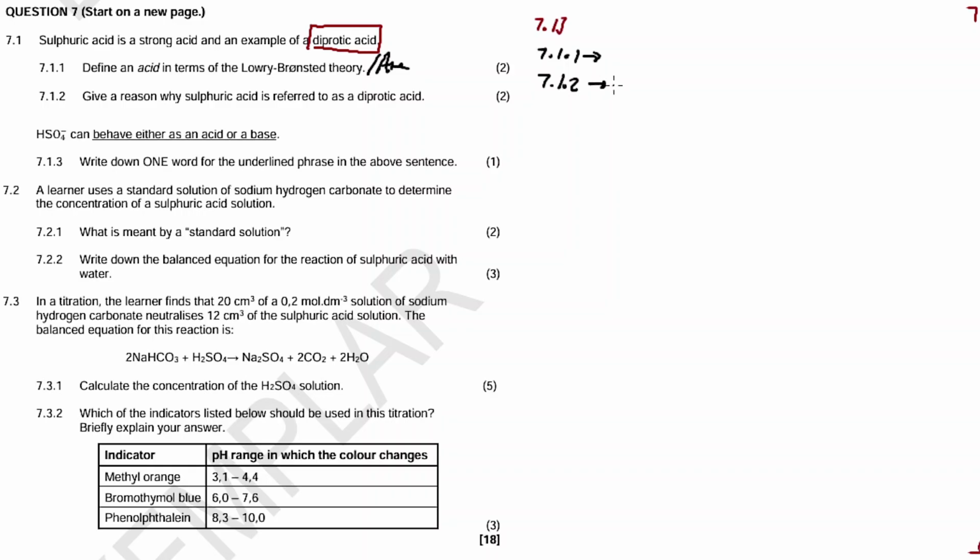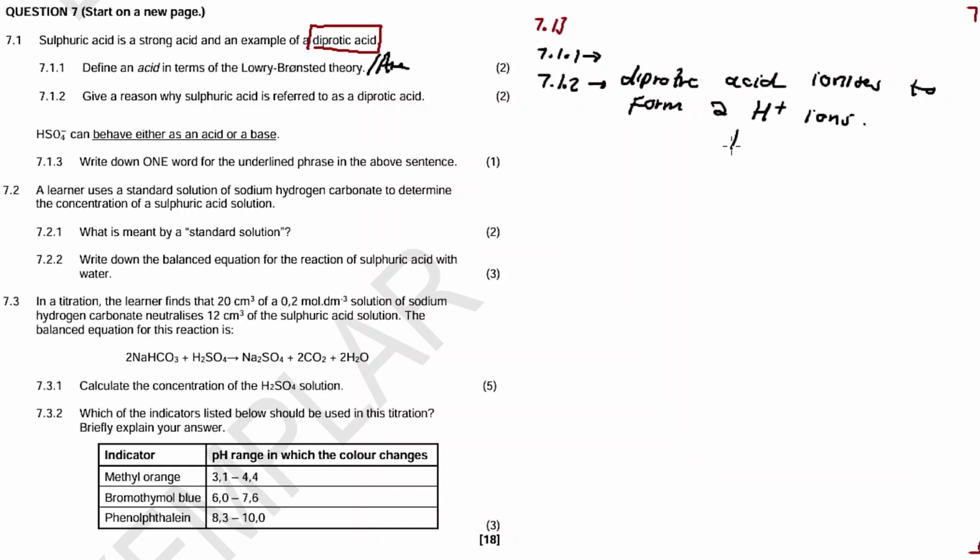A diprotic acid is an acid that forms two protons when it ionizes. So a diprotic acid ionizes to form 2 H+ ions.